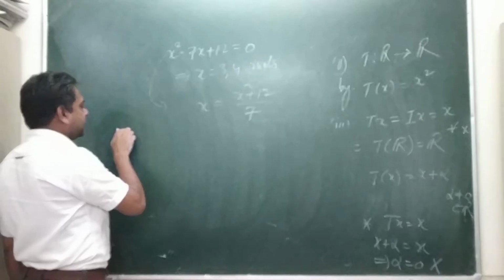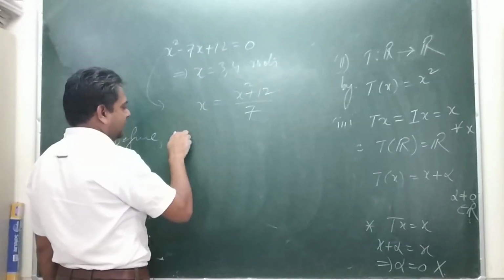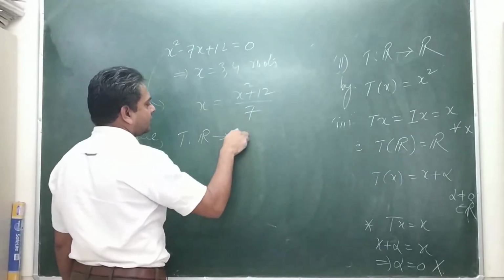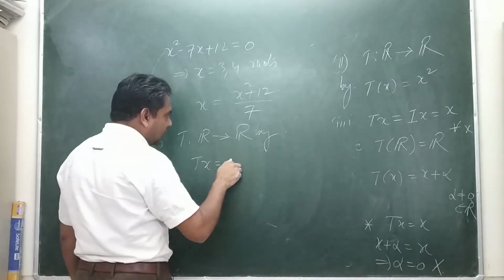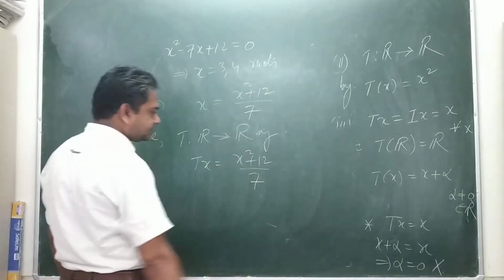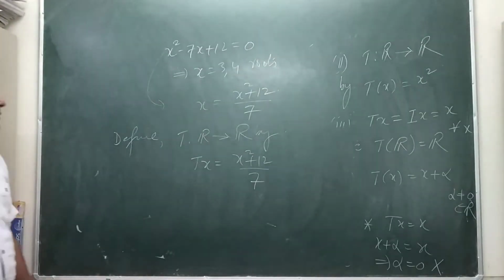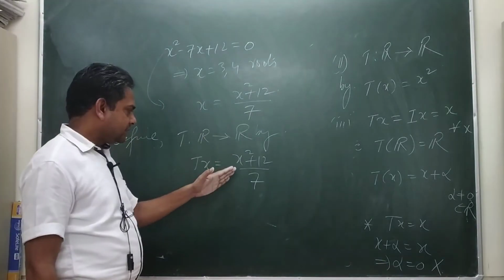Now define a map T from R to R by this rule: Tx equals x square plus 12 upon 7. So this is one of the operators defined from R to R by this rule.